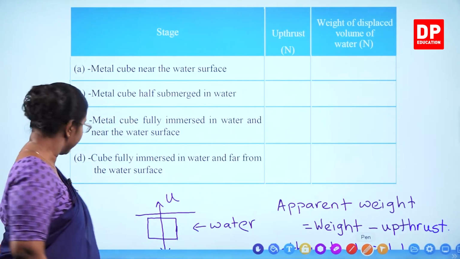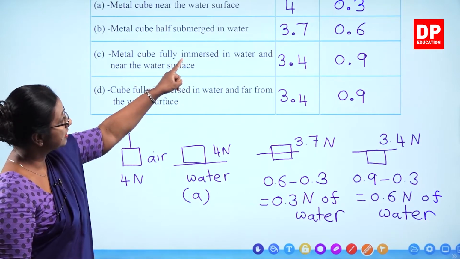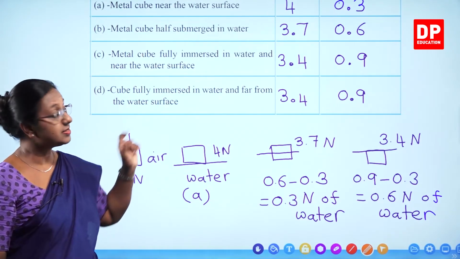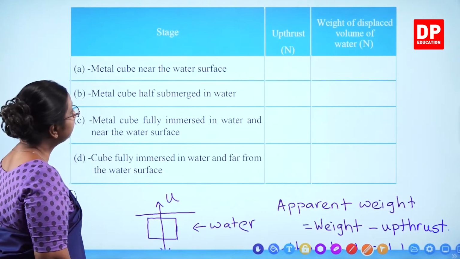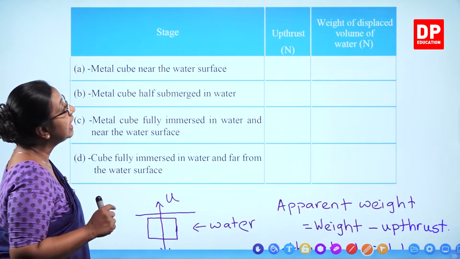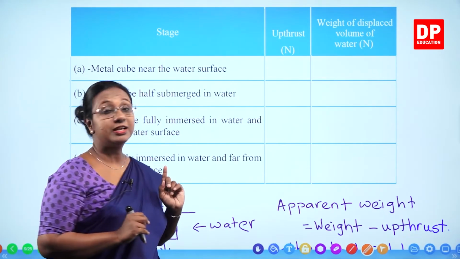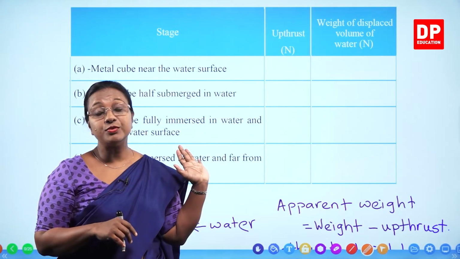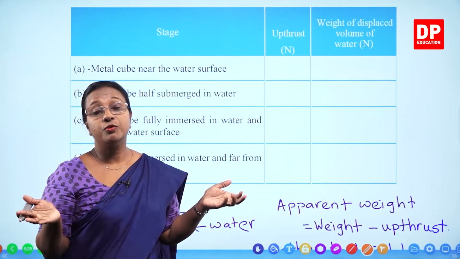Just to show you all the values, I'll go back to the previous slide. You can see there, students, initially in air it was 4 Newton, then 3.7, 3.4 and 3.4. So, if we calculate the upthrust. For the first instance, metal cube near the water surface, you all can remember, students, the weight in air is 4 Newton. Near the water surface also it is 4 Newton.